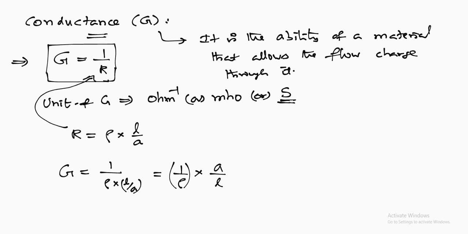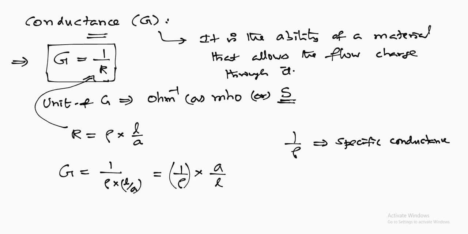Students, observe carefully. Rho is resistivity or specific resistance. 1 by rho, the reciprocal of specific resistance, is called specific conductance.